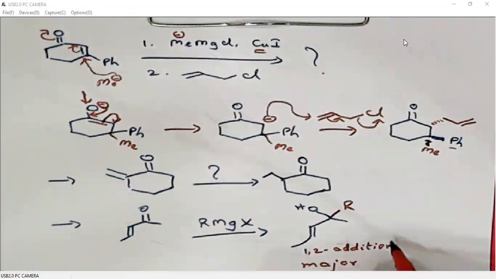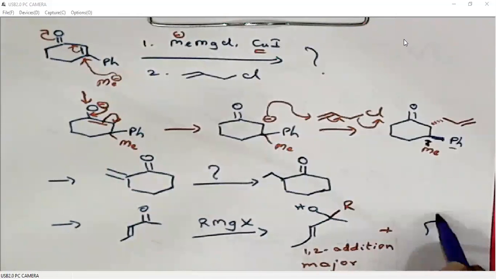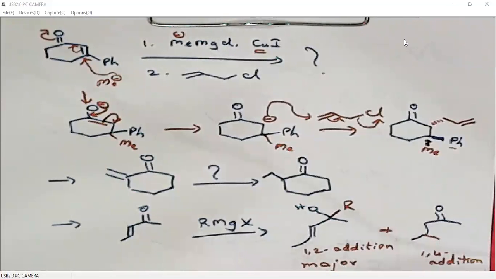But there is also a possibility for the minor product, that means 1,4 addition. This is 1,4 addition and it is the minor product.